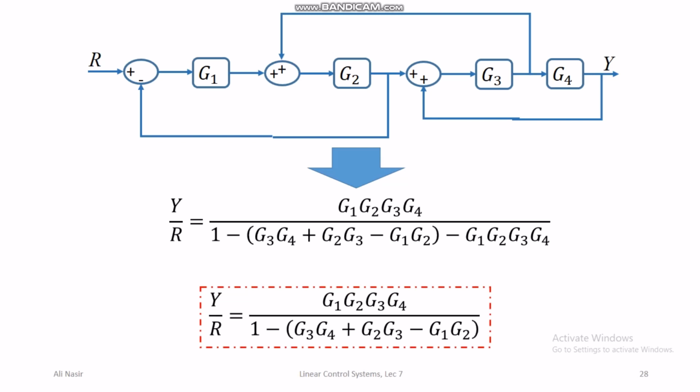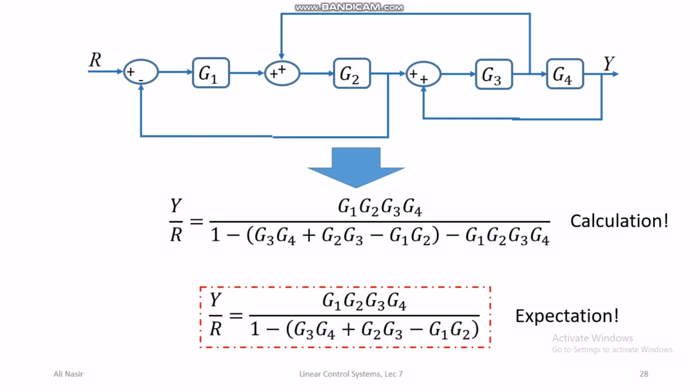So the expression in the red box is the expression that we were expecting from the block diagram. In the start, before we started doing calculations on this block diagram, we predicted that the transfer function would be what is written in the red block, that is y over r equal g1 g2 g3 g4 divided by 1 minus sum of all loop gains.